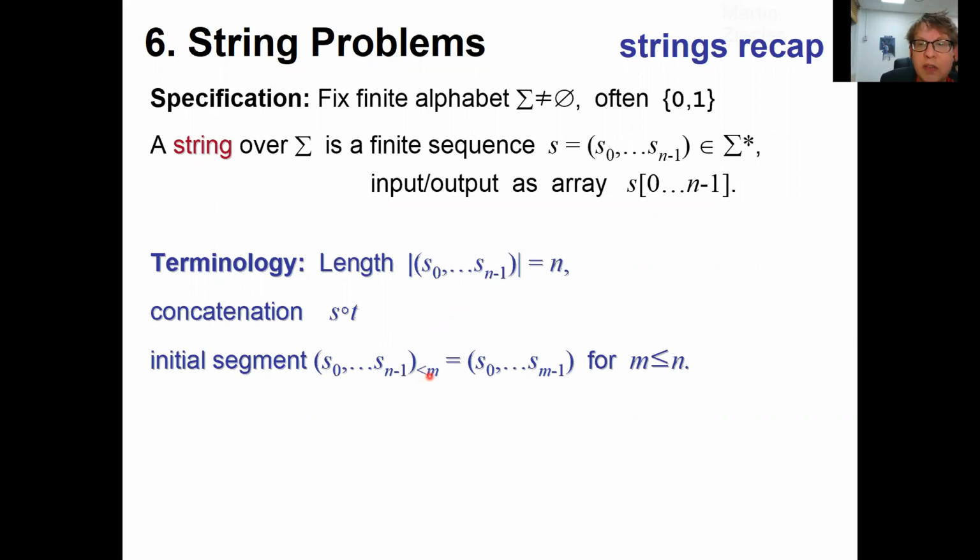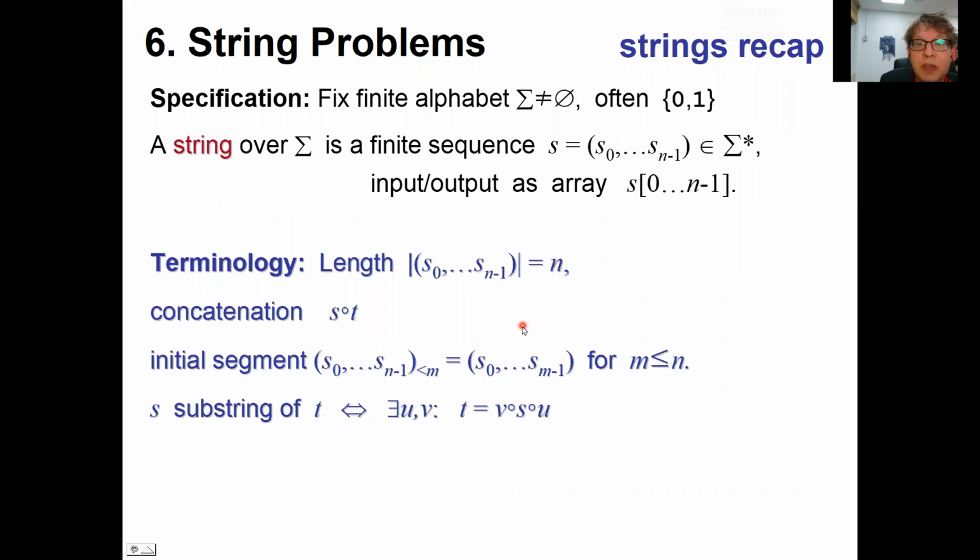So if we have a string of length at least m, then we can cut off the string at the mth symbol, so that only the first m symbols remain. Remember, since we're counting with 0, the mth symbol already exceeds the length m, and therefore we cut off there. That's an abbreviation that we'll frequently use.